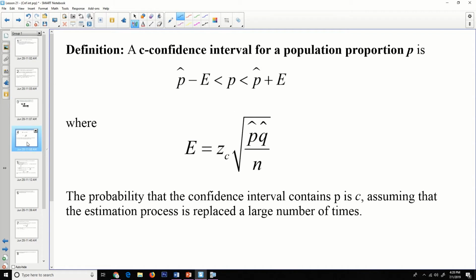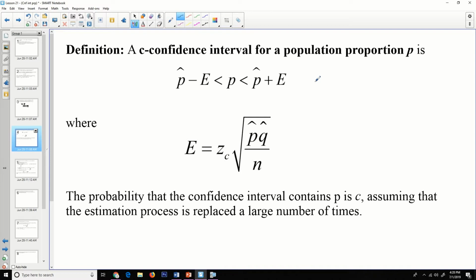A confidence interval for the population proportion P is defined. So P is going to be our population proportion, and it's going to be our point estimate minus a margin of error, and P will be between the point estimate plus the margin of error.